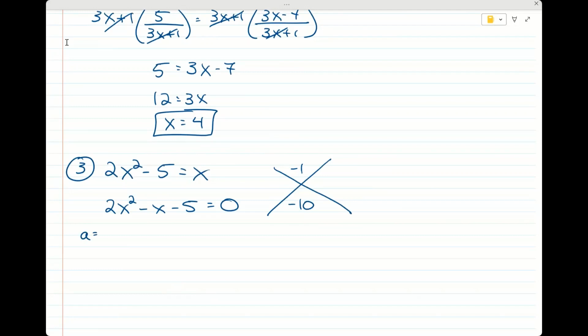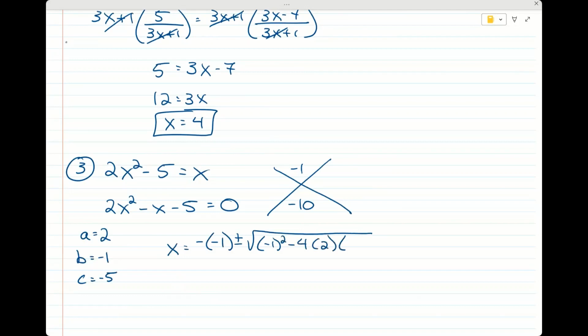So if a is equal to 2, b is equal to negative 1, and c is negative 5, what we're going to do is say x is equal to the opposite of b plus or minus the square root of b squared minus 4ac, all divided by 2 times a.